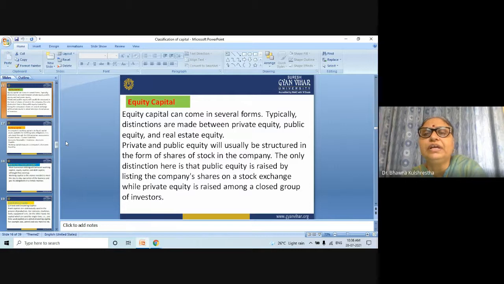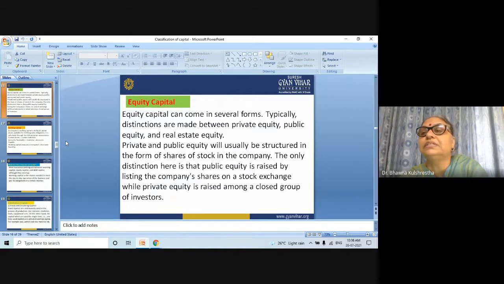When an individual investor buys shares of a stock, he or she is providing equity capital to a company.